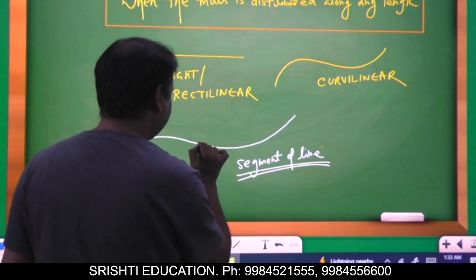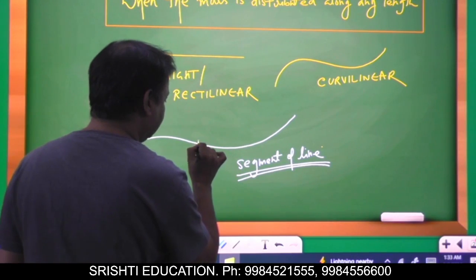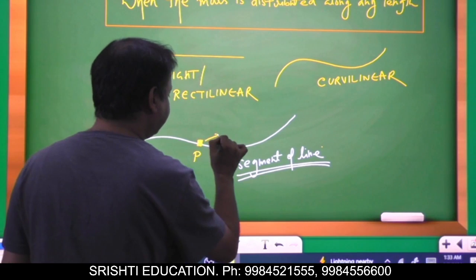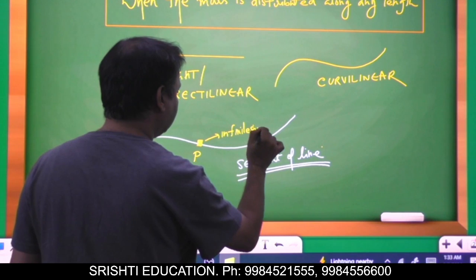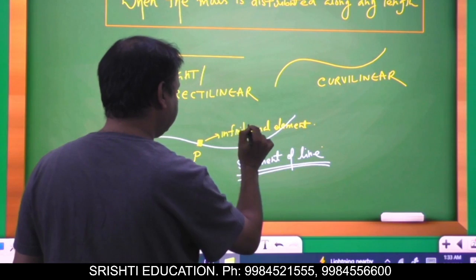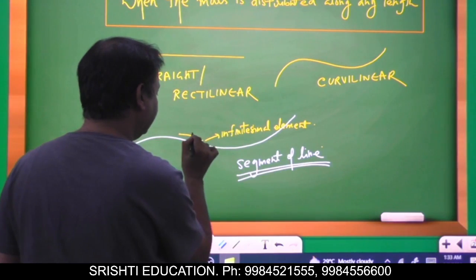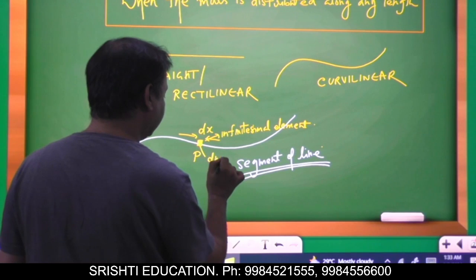So suppose you have to find the linear mass density at a point P. So at a point P I am taking an infinitesimal element, say of length dx with a mass dm.